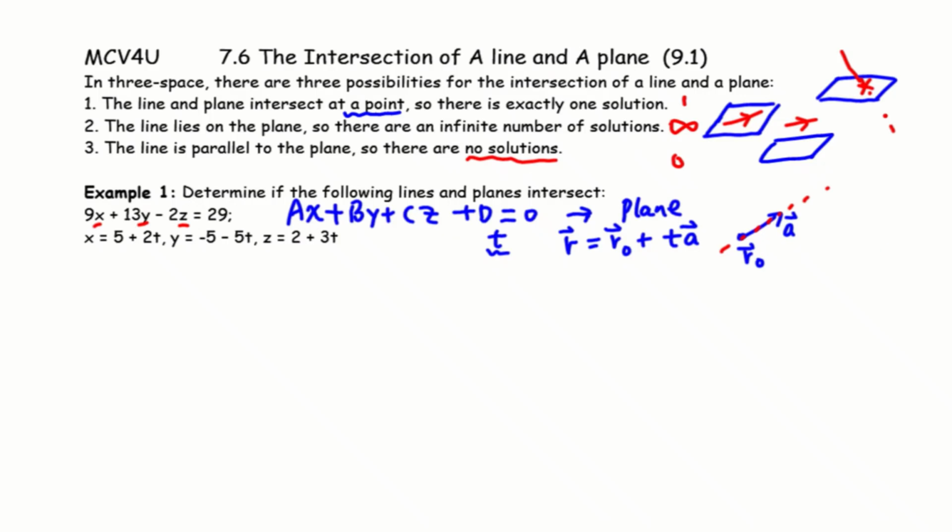Okay, so equation 1 is our equation of a plane, and for the equation of a line, you have 1, 2, 3, three equations. And if we substitute the x, y, z into the first equation, we are able to have one variable in one equation, and that is what we want.